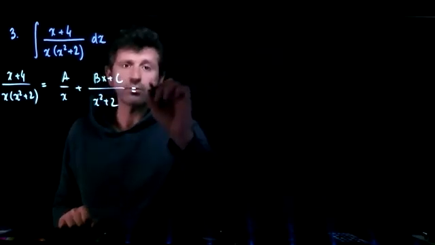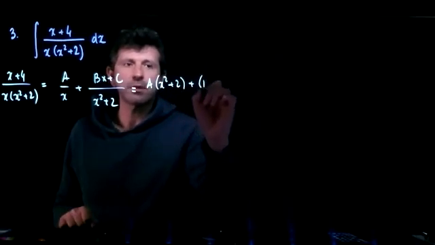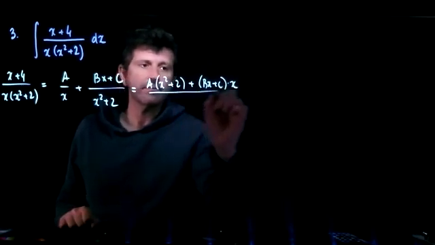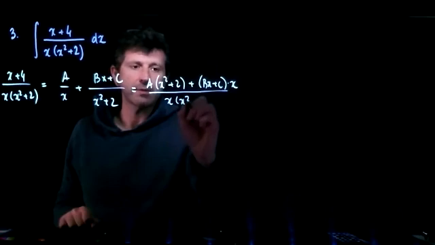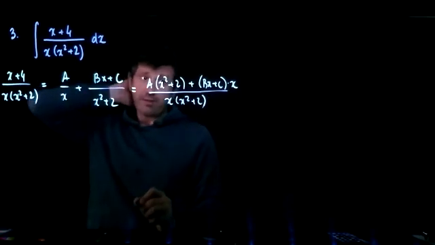So this is equal to a times (x² plus 2) plus (bx plus c) times x, over x times (x² plus 2). And so now we need to find the values of a, b, and c.